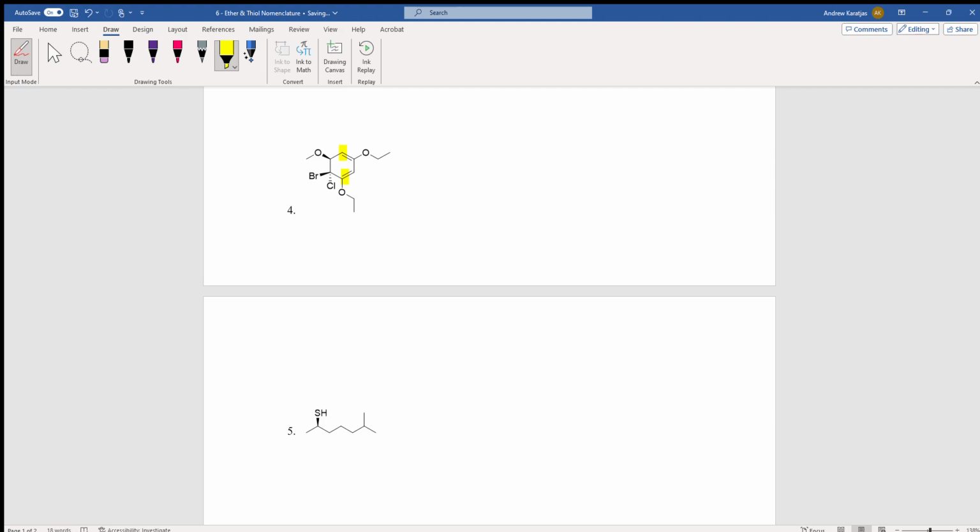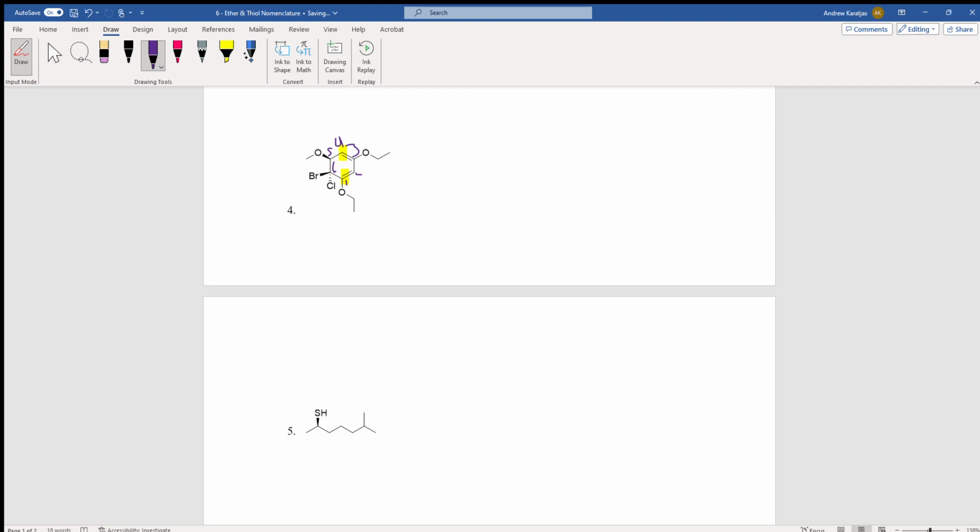If we start up at the top, we'll get our first substituent on carbon 2. If we start down at the bottom, though, we get our first substituent on carbon 1. So given that both of those directions give us the same numbering for the alkenes, that means we'll go in this direction.